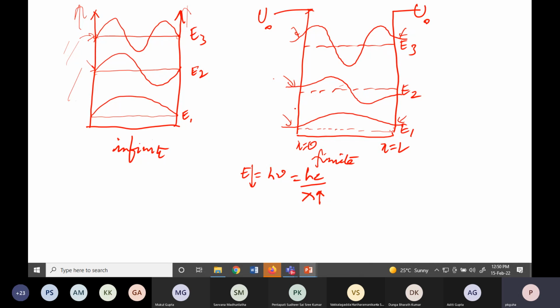So there is finite non-zero probability of finding the particle outside the well. Higher the energy, more will be the penetration. So instead of E1, if I go to E3, the penetration will be more, because higher the energy, more will be the penetration. So I thought that I will just discuss this part.